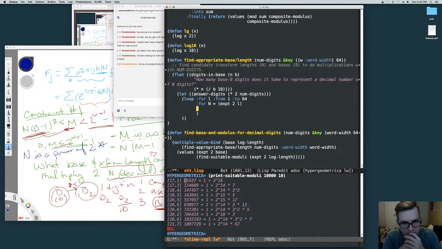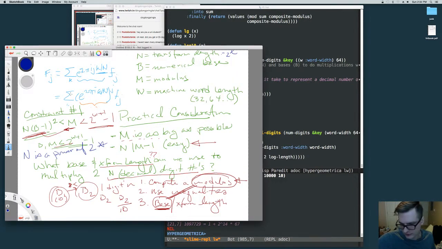And what would our b be? Basically this is solving for b right here.